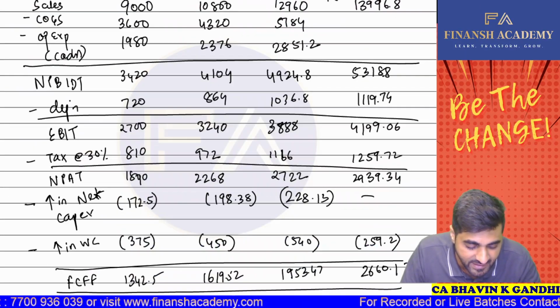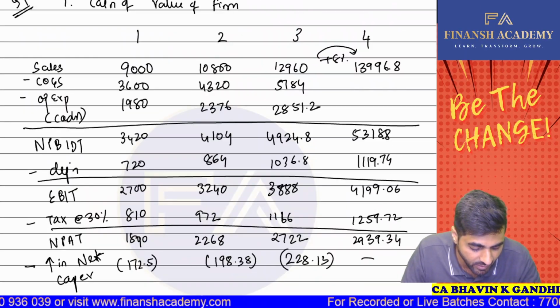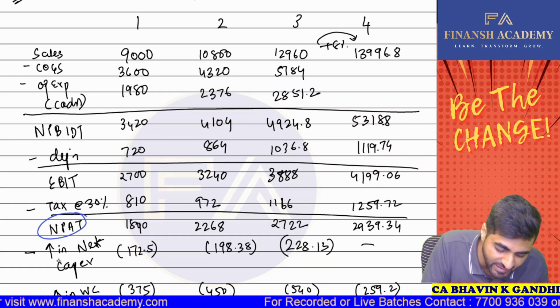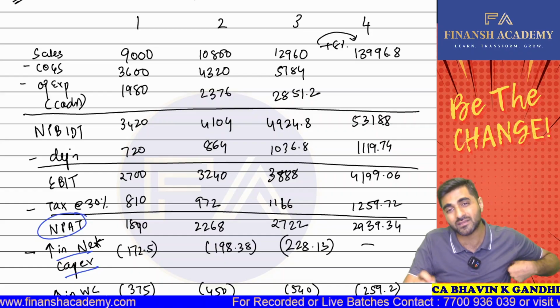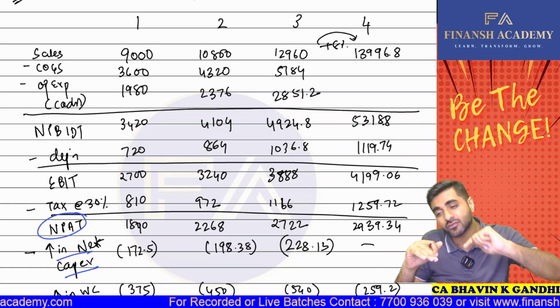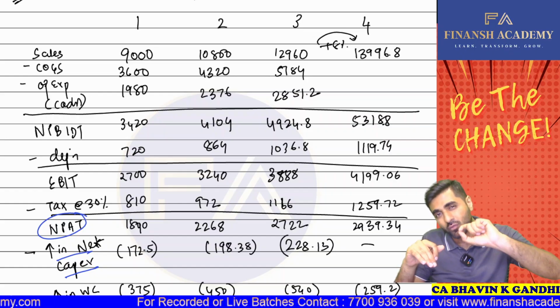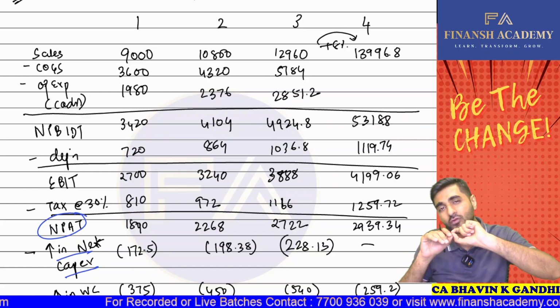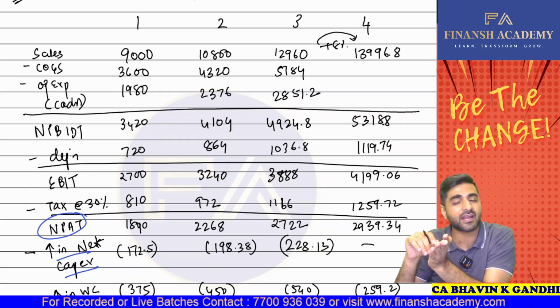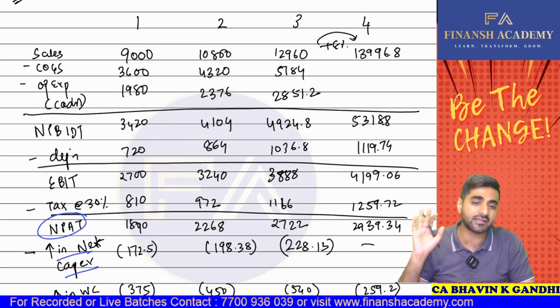So as you can see here, from NPAT, we are directly subtracting net capex. Normally NPAT plus depreciation gives you cash flows, and from that you subtract whatever is your increase in capex. Instead of doing all these things, from your NPAT, we will directly subtract the increase in your net capex.